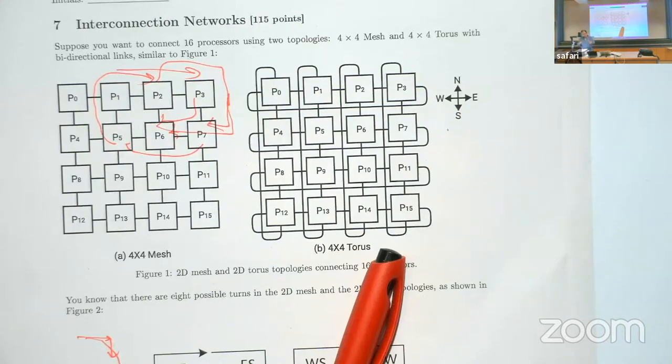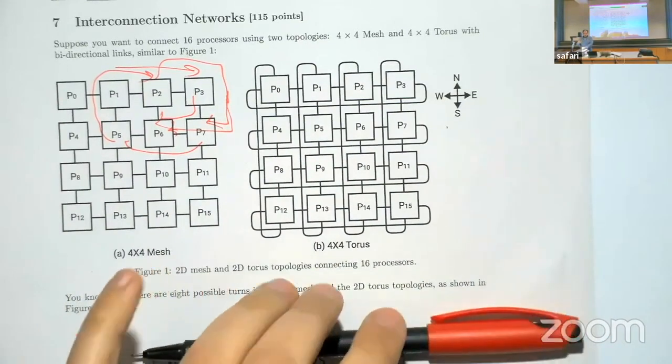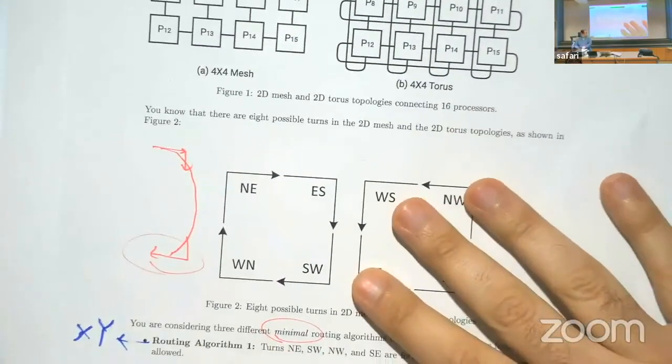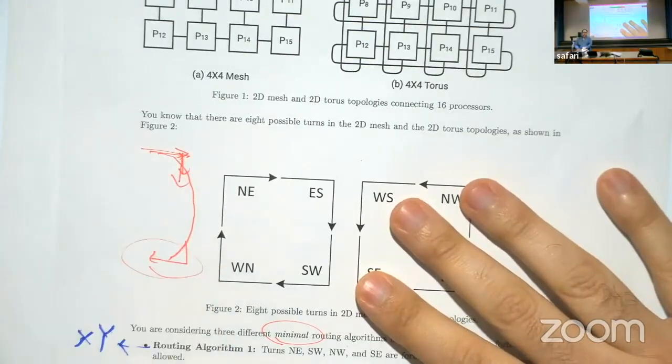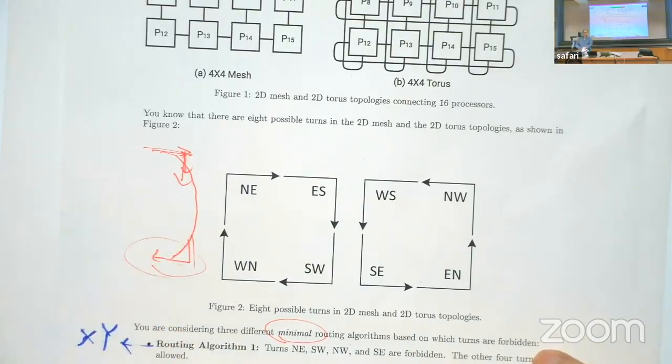For the clockwise, there should be the rightmost edge, and for the rightmost edge, for sure some packet needs to take an east-south turn, and some packet is also taking a south-west turn.